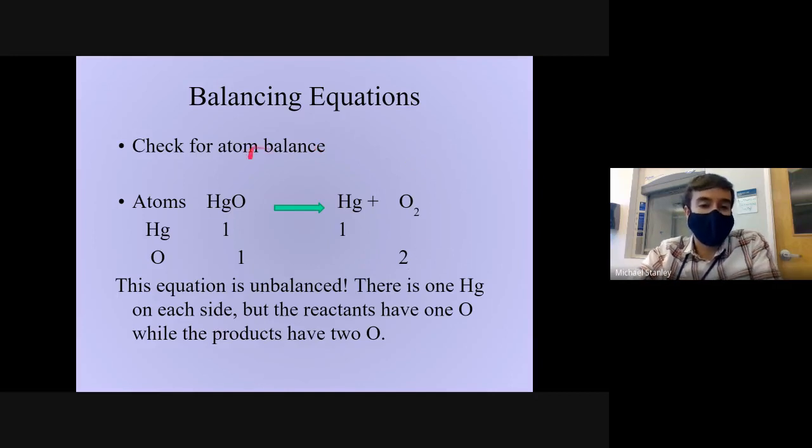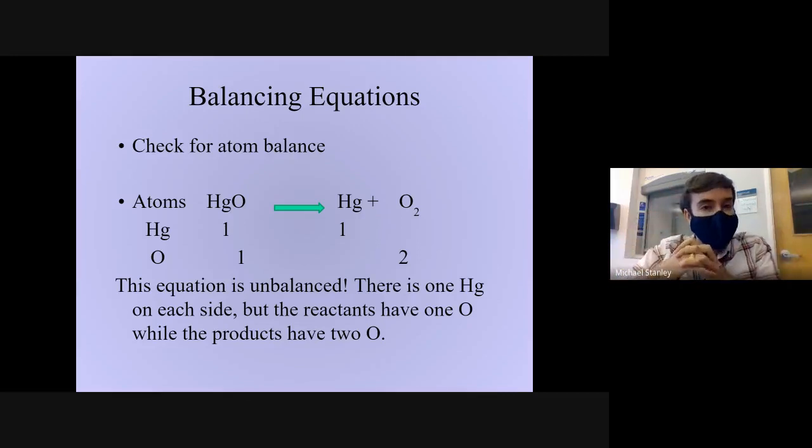When we check for atom balance, 1 Hg and 1 Hg, those are the same, those are balanced, so that's a good start. 1 O and 2 O, this equation is unbalanced. There's one oxygen on the reactant side, but there are two oxygens on the product side. These numbers are not the same, so we have an unbalanced chemical equation.